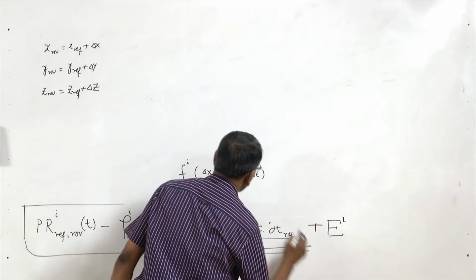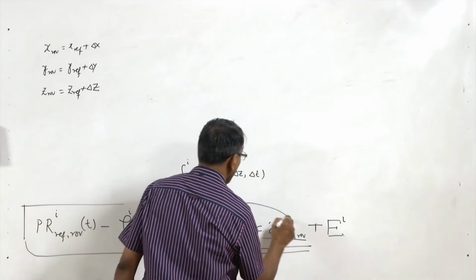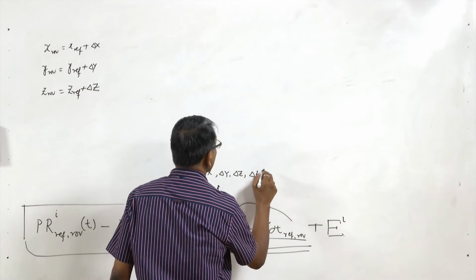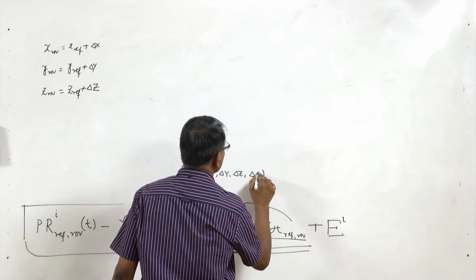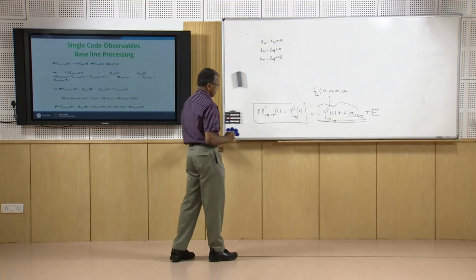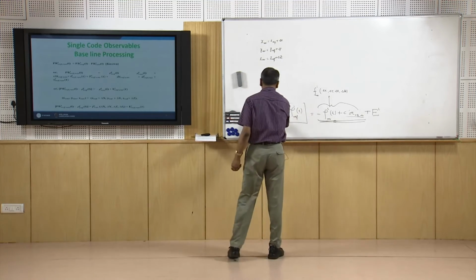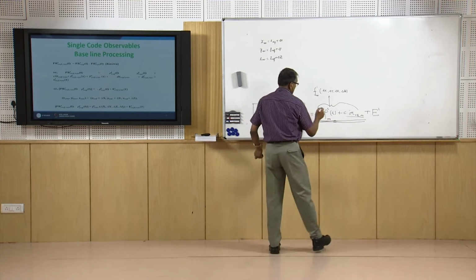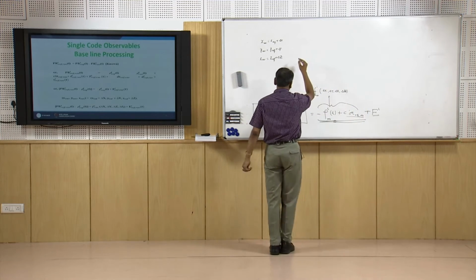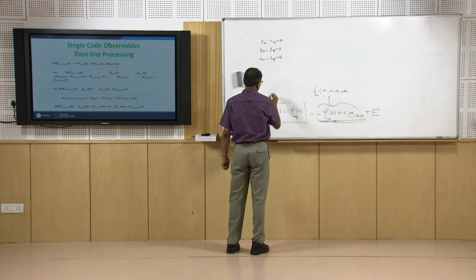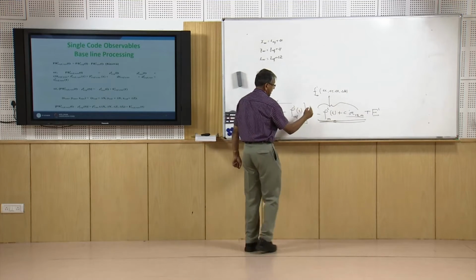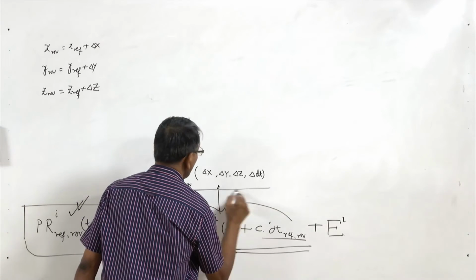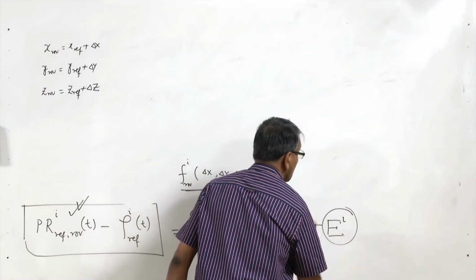Both of the clock terms together can be expressed as del dt. So, our whole relation can be considered as some known parameter, a function like this, and an error term.